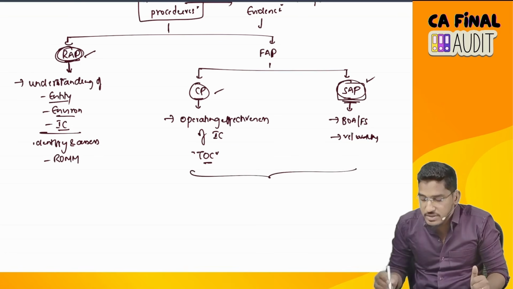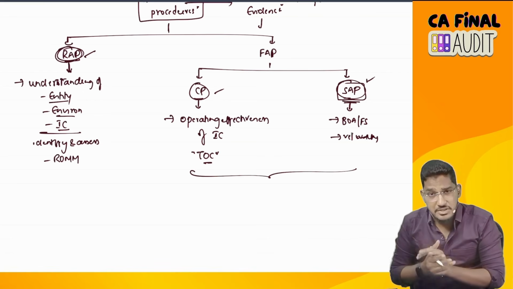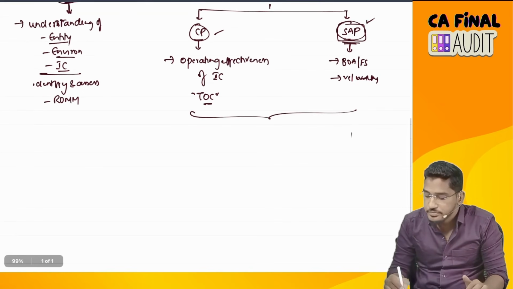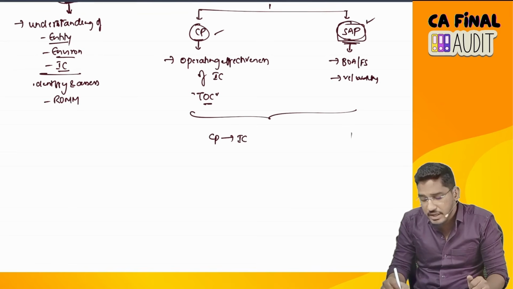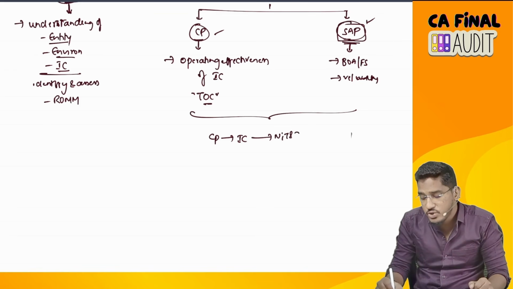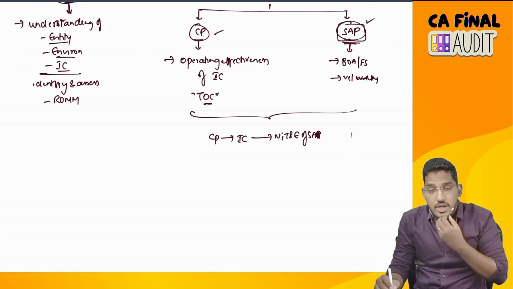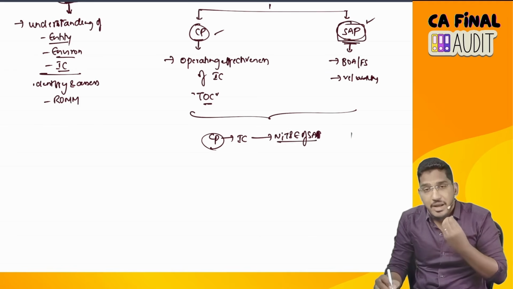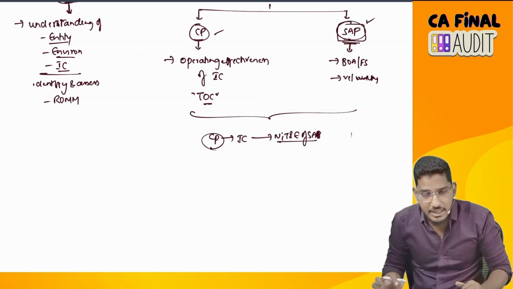Between compliance procedures and substantive audit procedures, there is a relationship. What is that relationship? The auditor will perform compliance procedures, and from that he will get to know the operating effectiveness of internal controls. On the basis of the findings of the compliance procedures, the auditor is going to determine the nature, timing, and extent of the substantive audit procedures.